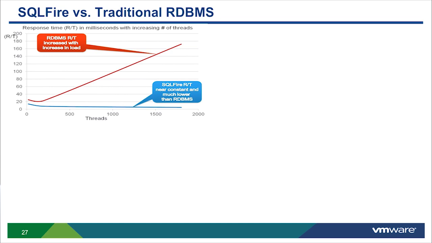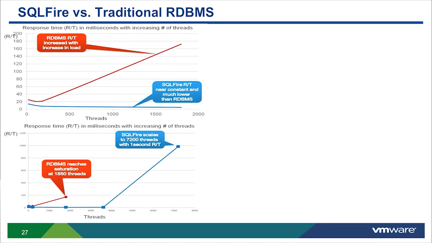But we weren't happy with this, and we wanted to find out what was the breaking point of both systems given the same amount of infrastructure. So again, we took a look at the response time versus the number of threads, and we saw that the database broke at around 1,800 threads. It couldn't keep up with the load. But on the other hand, SQL Fire kept up, or scaled up, to 7,200 threads.